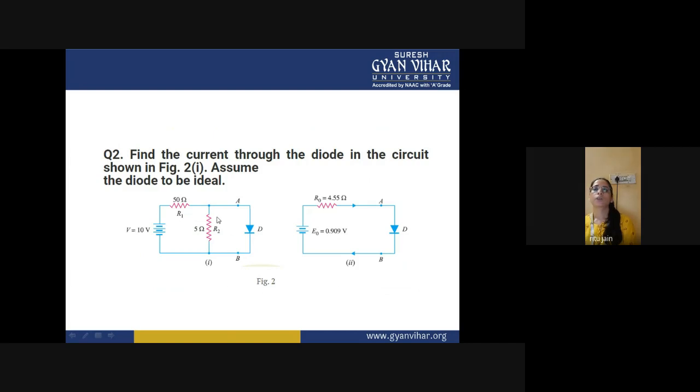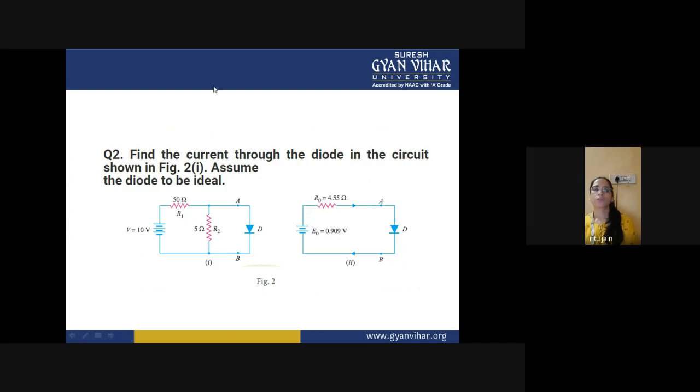If you get the voltage across this resistance, which is your R2, you will be able to get the voltage across these terminals, because we have already removed the diode. So this is your open circuit branch, and there will be some voltage which will exist across this branch.